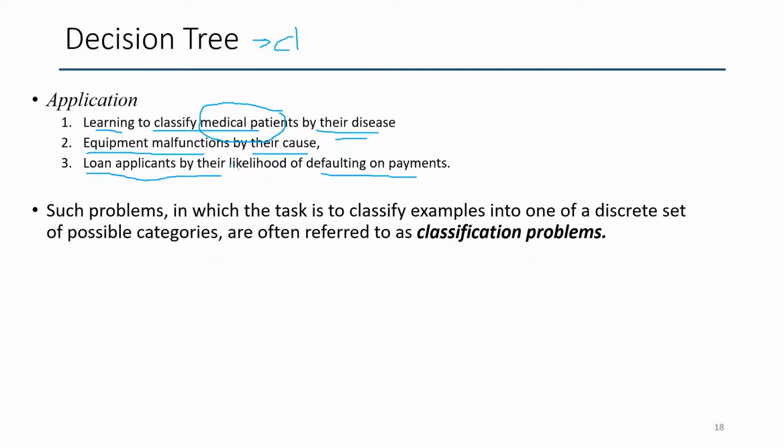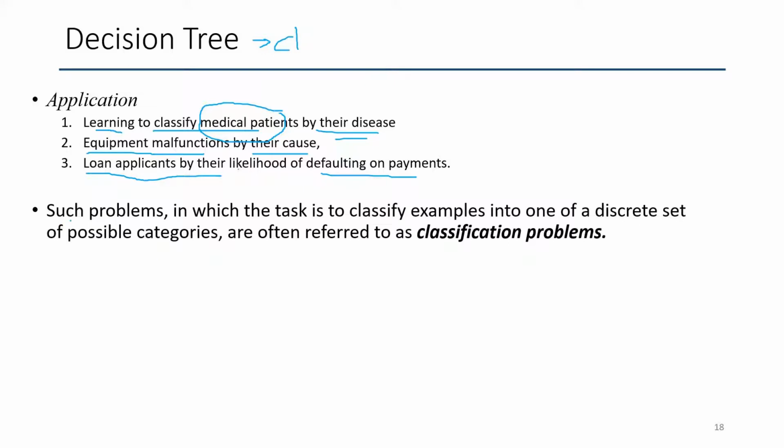This is based on different parameters like his salary, his age, and his credit score. Yes, every customer will have some CIBIL score or credit score. Based on that, they will check whether he will be able to repay his loan or not. So these are a few sample applications.